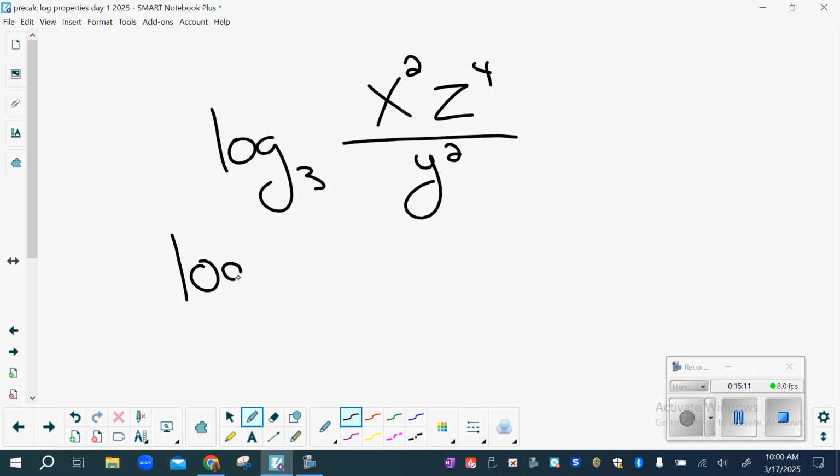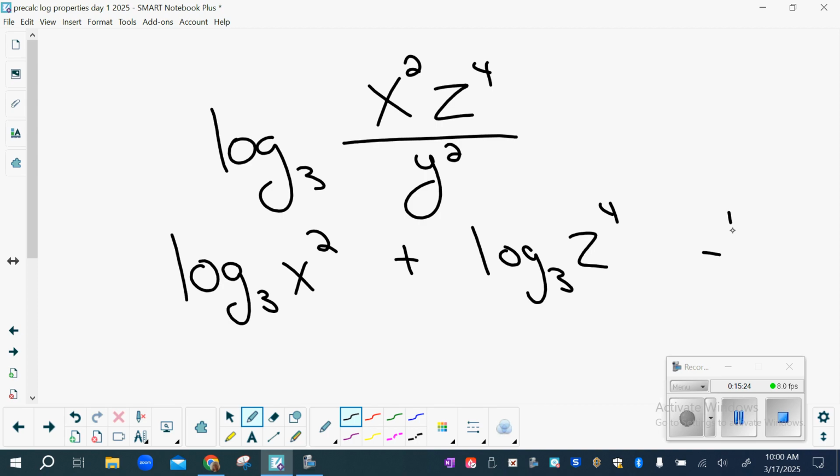Watch what I'm going to do. Log base 3 of x squared. I'm just spreading it out. Log base 3 of z to the 4th minus log base 3 of y squared. Is everybody cool? I just spread it out. So now what I'm going to do is drop these down.